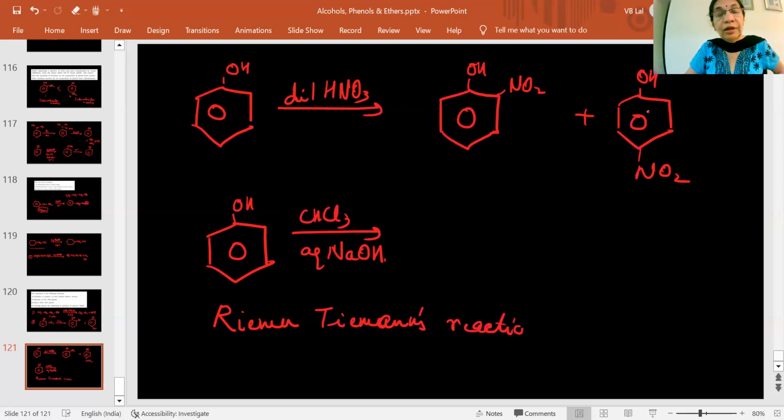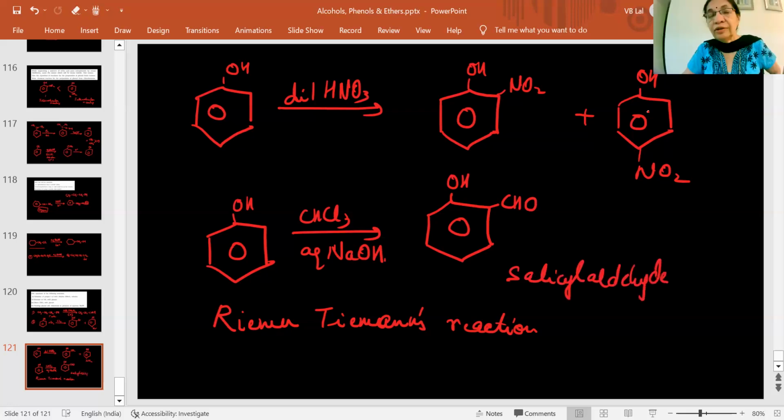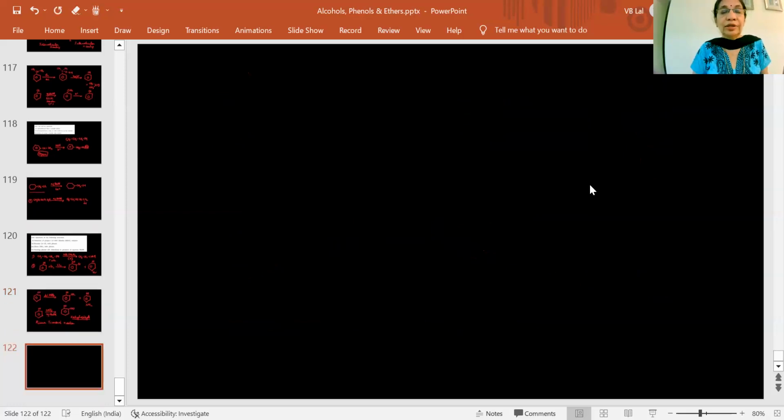And you get a very interesting product here. The product that you get is this one. You will have to learn properly. The CHCl3 from here you should recall. You will get CHO. What is this? Salicylaldehyde, ma'am. Yes, salicylaldehyde. Right? So that is the Reimer-Tiemann reaction. Okay, do you now understand? Okay. Now let us do the next question.